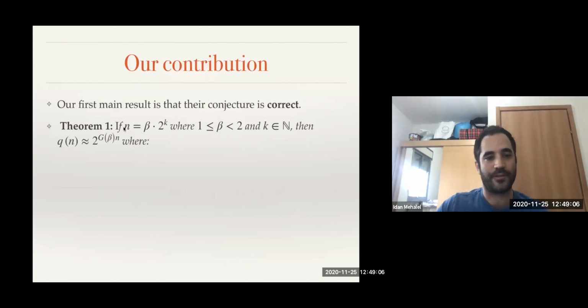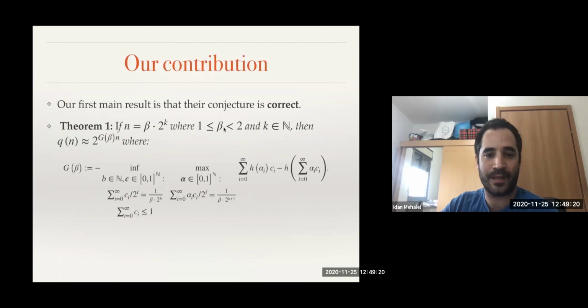So we show the following theorem, that if n equals beta times some power of 2, where beta is some number between 1 and 2, then Q of n is exactly, up to a sub-exponential factor, 2 to the g of beta n, where g of beta is this following function, which I will not elaborate on now. Later, I maybe just give a bit of intuition about what it represents.